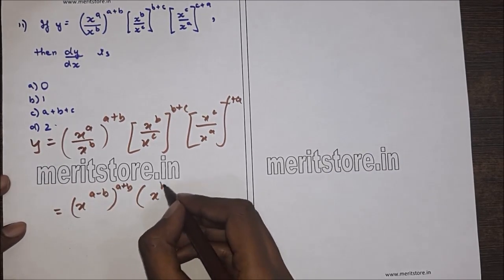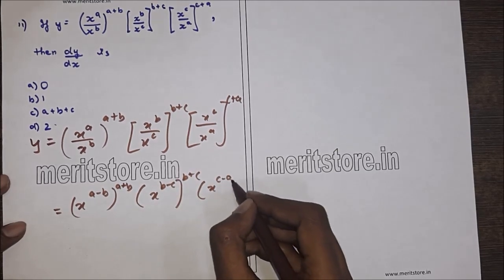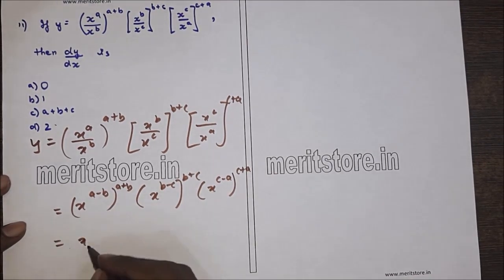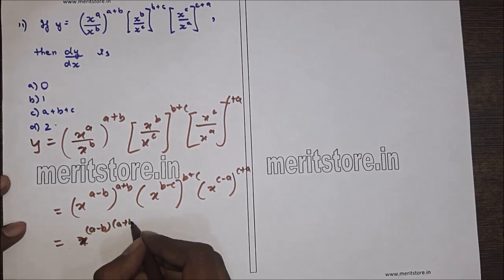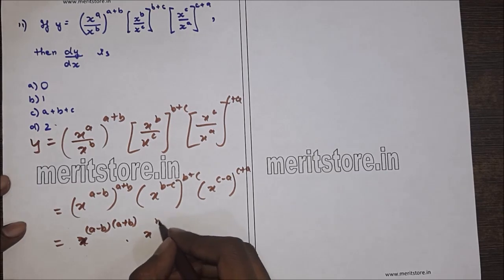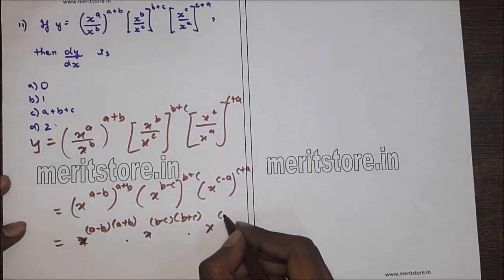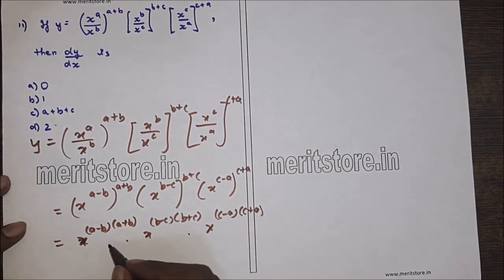Similarly, x raised to b minus c raised to b plus c and x raised to c minus a raised to c plus a. That is, again by law of indices, we can write this as x raised to a minus b into a plus b, into x raised to b minus c into b plus c, into x raised to c minus a into c plus a.